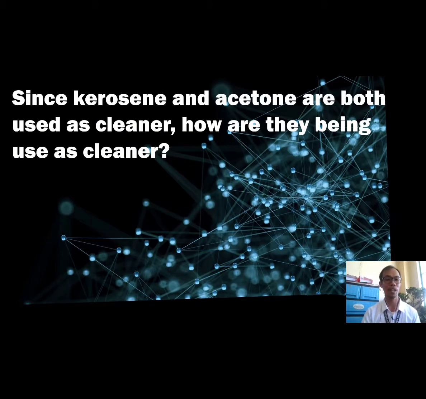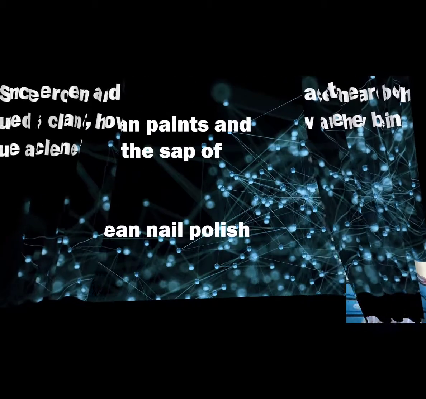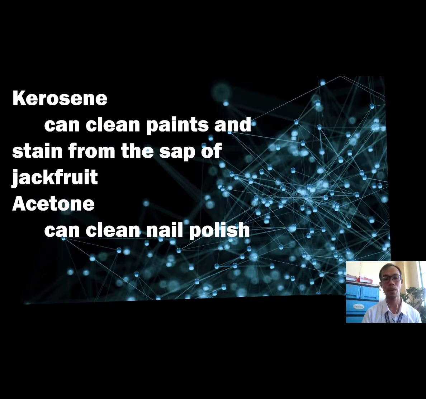Since kerosene and acetone are both used as cleaner, how are they being used as cleaner? Kerosene can clean paints, pintal, and stain from the sap of fruits, jackfruits, any sap, even sap from yung kaimito, the star apple.